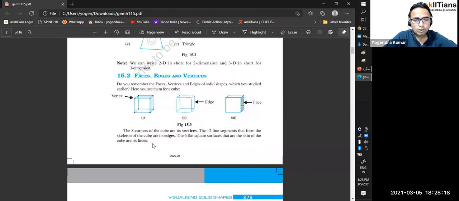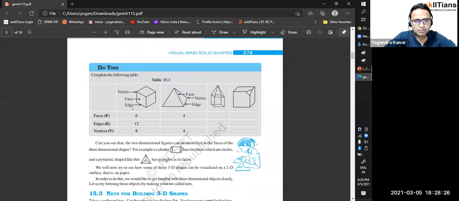We have seen what the faces are, and how many faces, edges and vertices there are in different shapes. We have done quite a few questions last class, I hope you remembered.